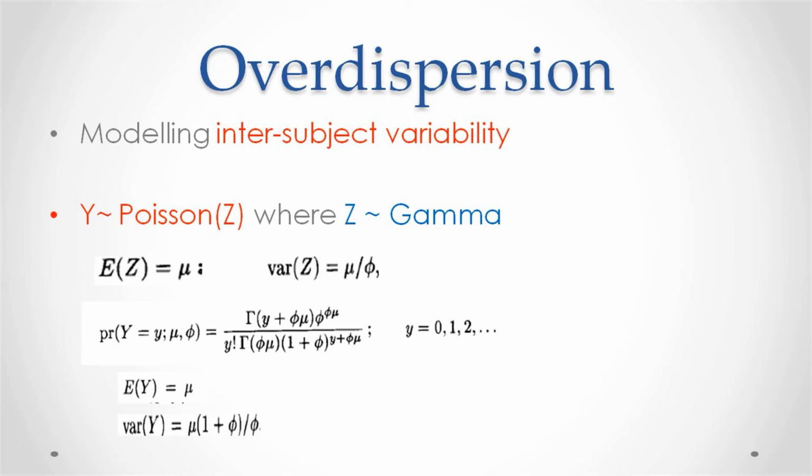we first note that expectation of Z is equal to some value which we assume mu, and variance of Z is mu by phi.